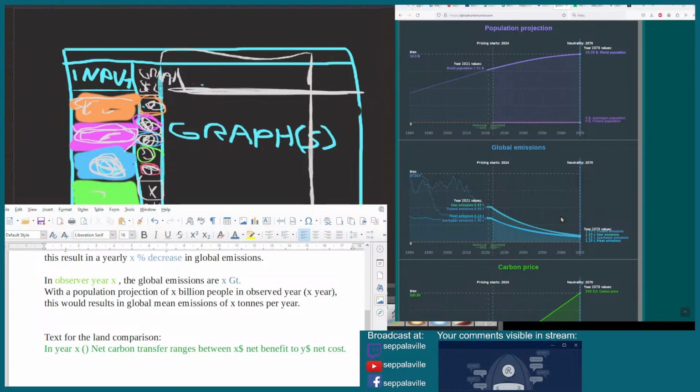And it doesn't have to be fair, it just has to be a prediction of how the monetary incentives would work around the world.